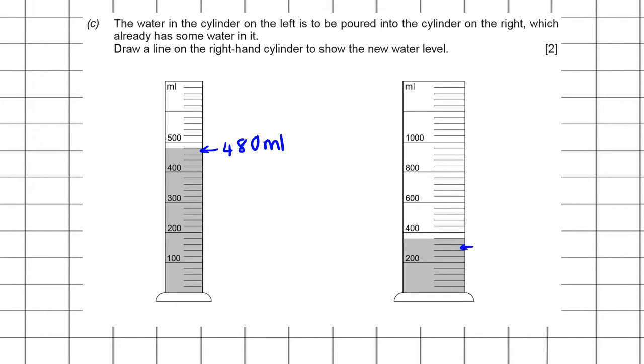So therefore, that's where 300 is. So therefore, this is 360. So now 480 plus 360 is 840. So 840. There.